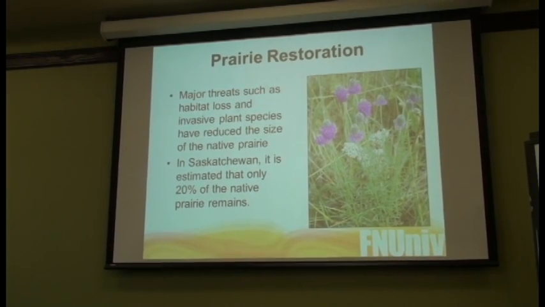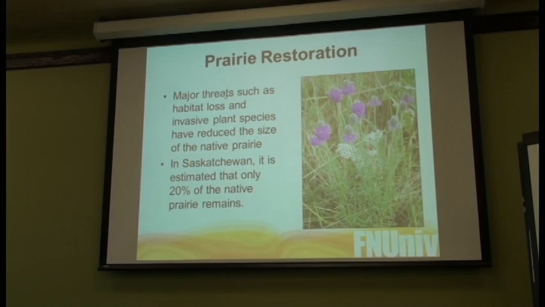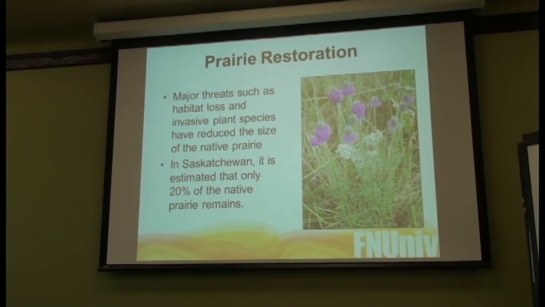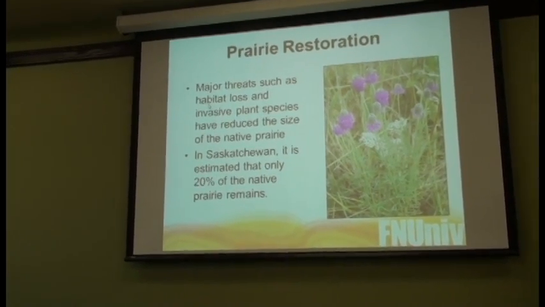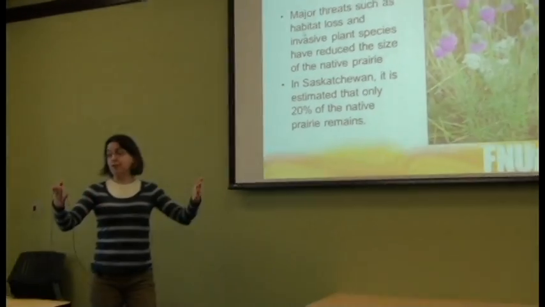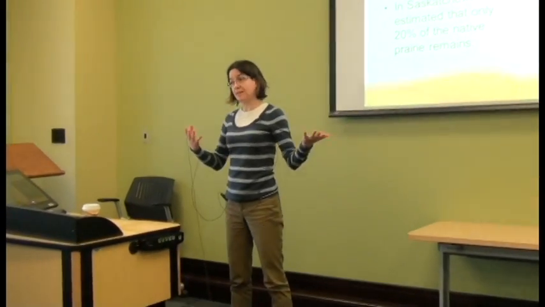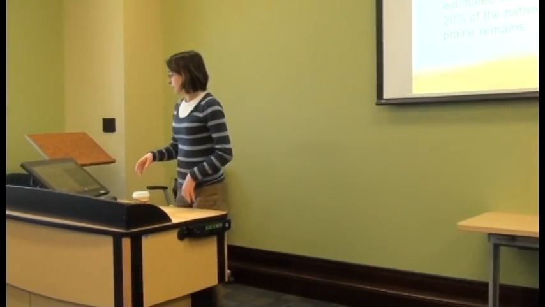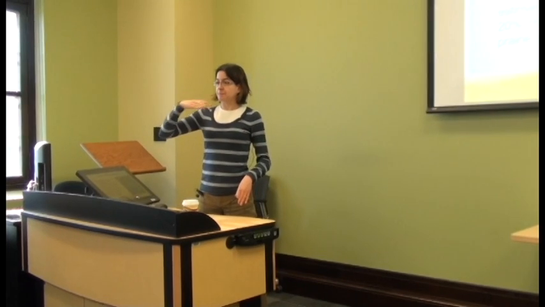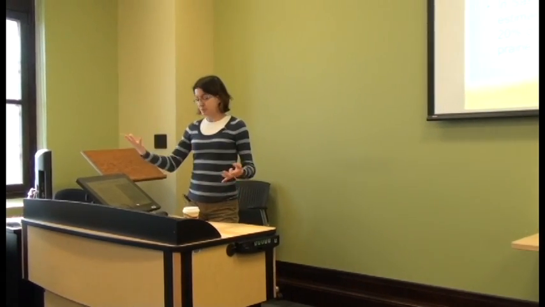Major threats to prairie are invasive plants, plants that don't belong here, and habitat loss. A lot of the time farmers need the land to grow plants, so they will get rid of the native species to plant their crops.